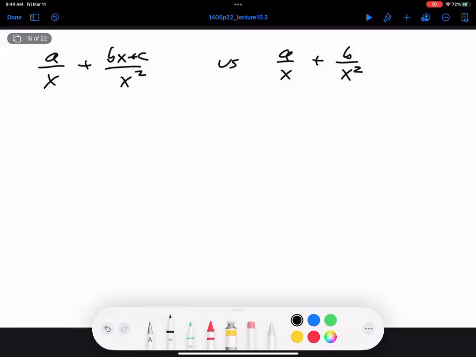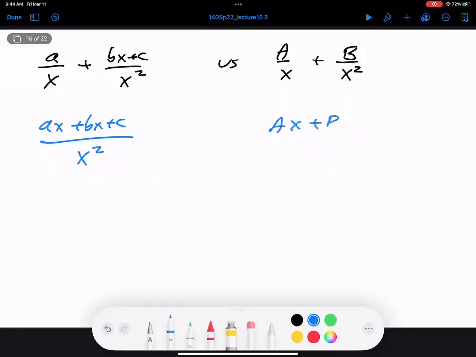So let's do some algebra. Actually, let me use different letters over here. I'll use capital letters on this side, A, B. And over here, I would have ax plus b over x squared.